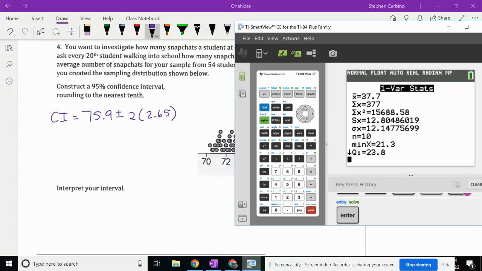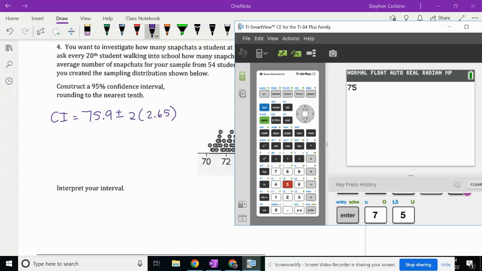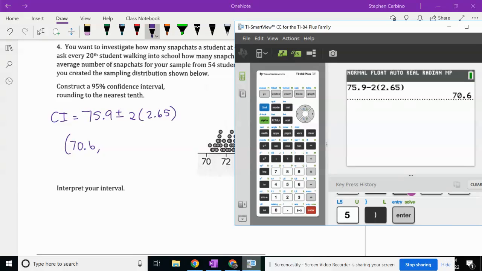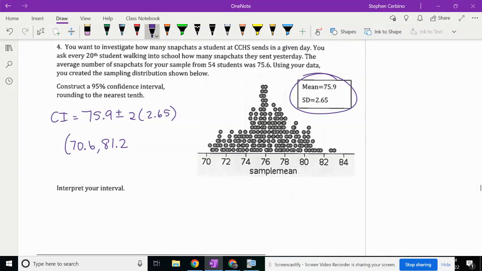If we do 75.9 minus 2 times 2.65, make sure I have a decimal in there, we get the lower number of 70.6. And if we do that again, but add it instead of subtracting it, we get 81.2. So there's our confidence interval.